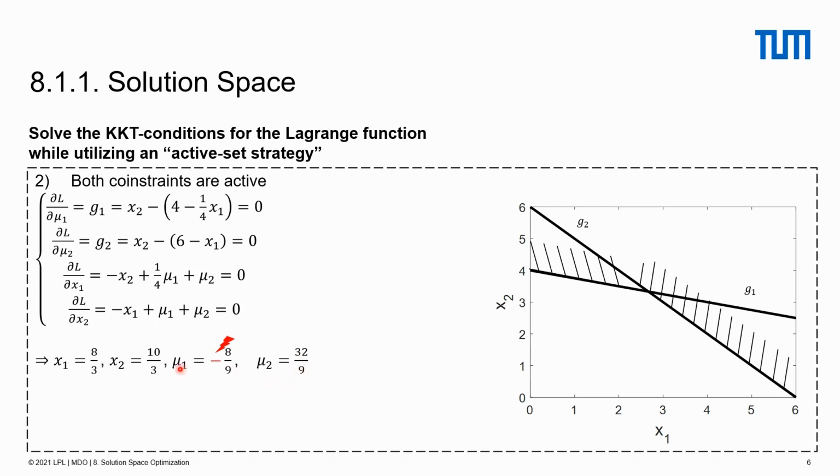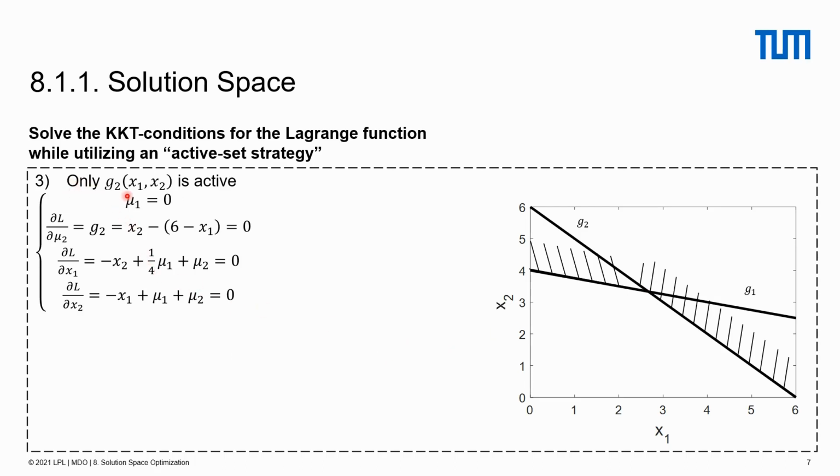We can see that mu1 is smaller than 0. This is not feasible, because the condition for mu1 and mu2 is that they must be bigger than 0. In this case, the box lies here, and this is not the box of maximum area.